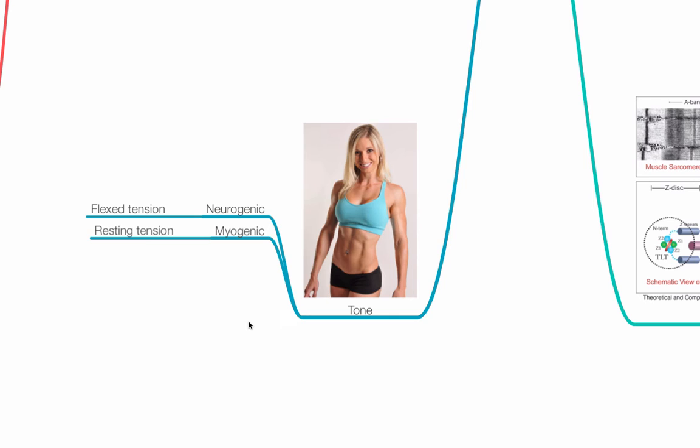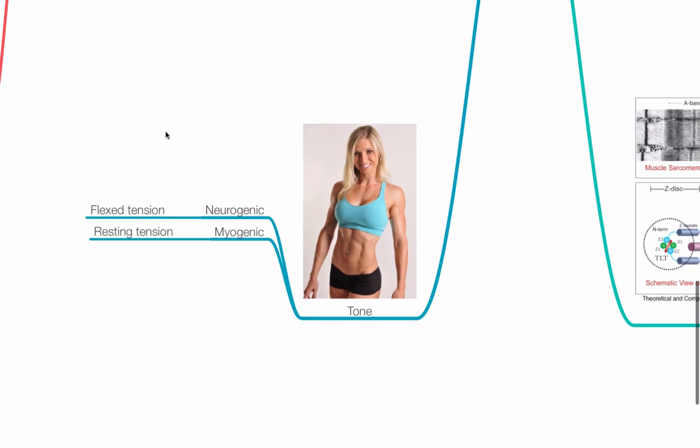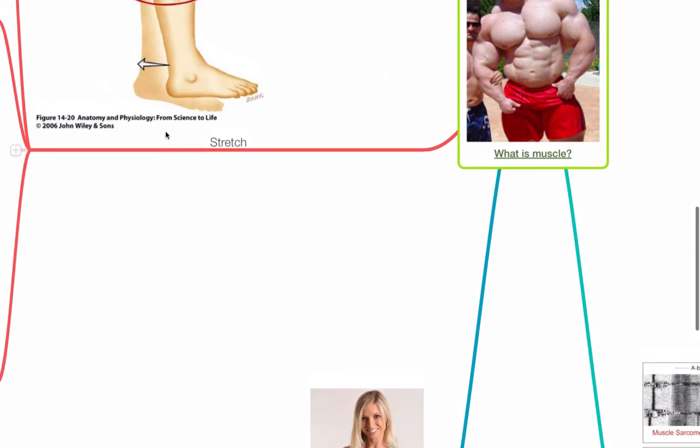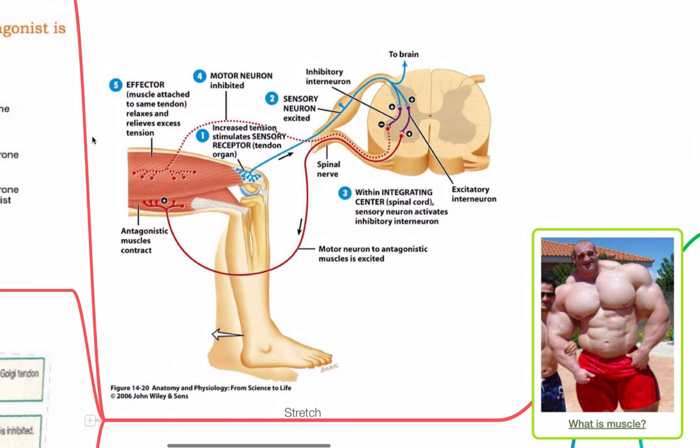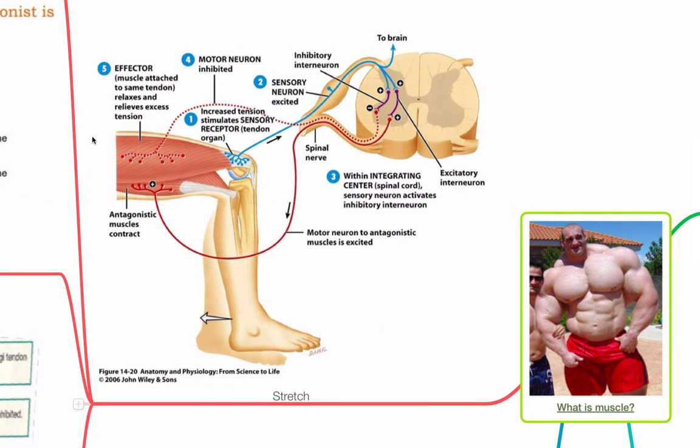Myogenic tone means the resting tension in a muscle, and neurogenic tone is the tension observed when the muscle is flexed. Now, some people, silly people, follow specific training protocols to try and influence myogenic and neurogenic tone visually. That's getting extremely bogged down, and the people who do that invariably just need to gain some mass and stop being silly.